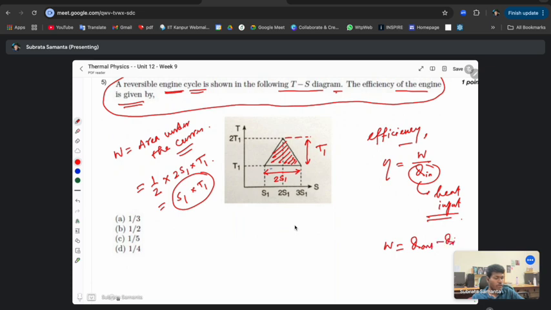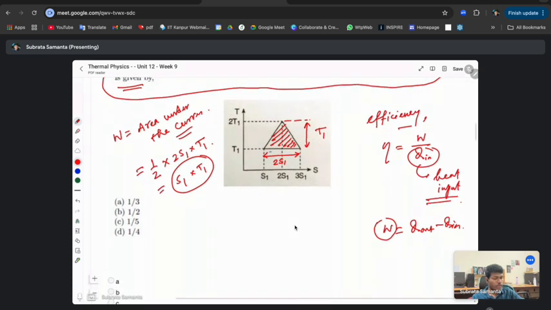Once you know that this area gives you the work done, then Q in is Q out plus W.